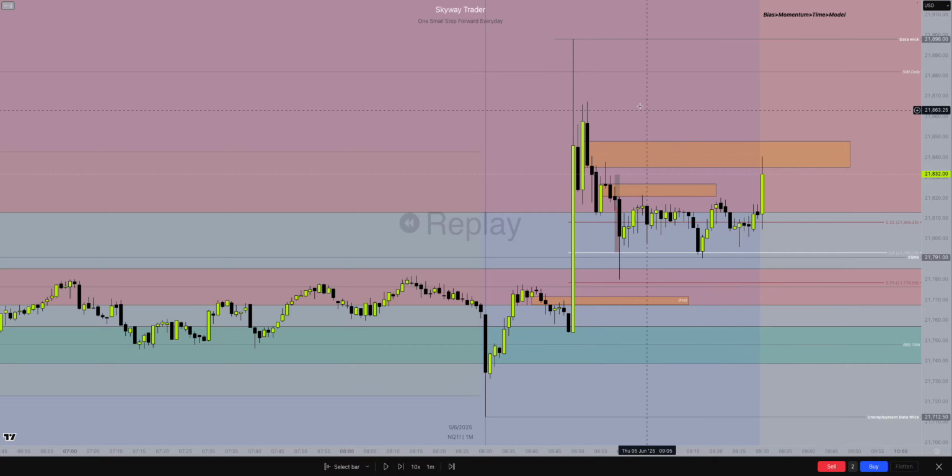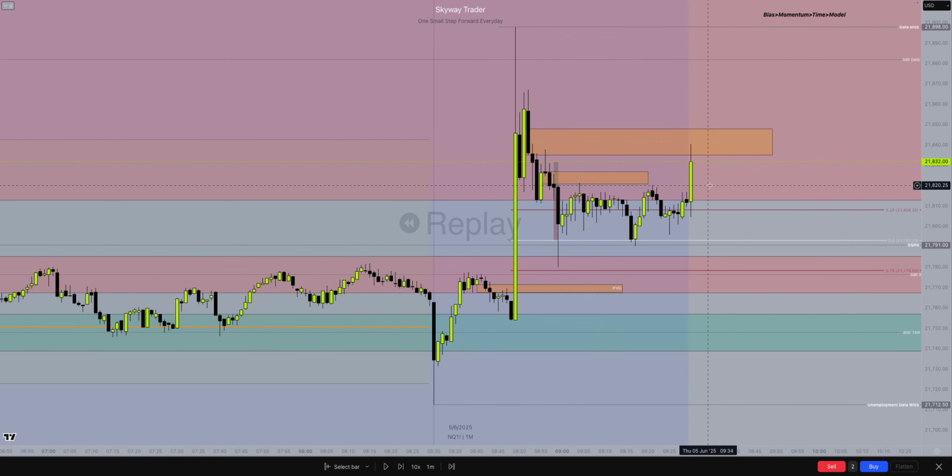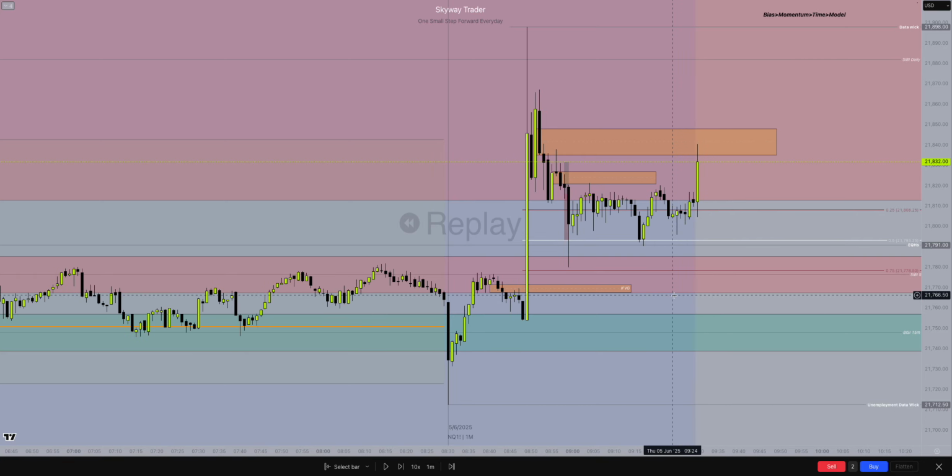We honestly could go up to get this data wick and then either continue higher or come lower, or we see price go down for the unemployment data wick. I'm not sure where we're going here. Like, we sweep the highs here, and we enter this here. Do we get an entry to go lower?